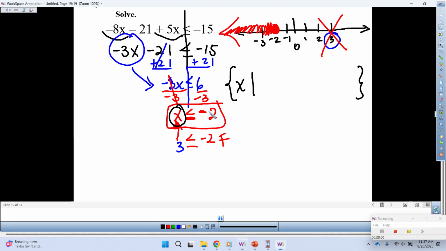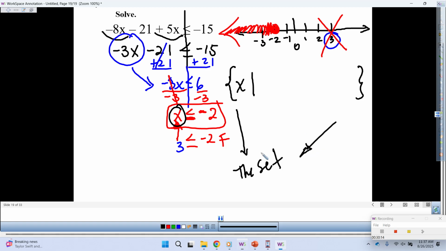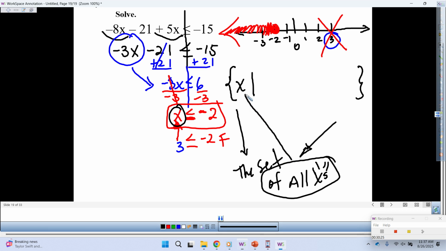The solution to this inequality says that it's the set, that's what the brackets mean, the set of all x's. And this bar right here means such that.